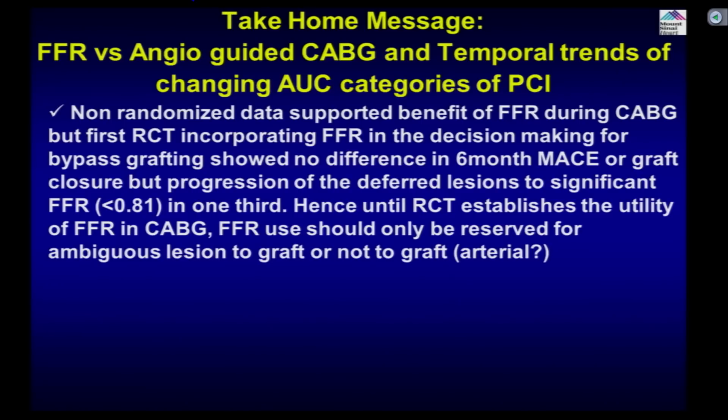Hence, until a randomized clinical trial establishes the utility of FFR in CABG, FFR use should only be reserved for ambiguous lesions, to graft or not to graft that vessel. If there is ambiguity, should you get an arterial bypass or a venous bypass? I think those cases should get the venous bypass, because we know arterial graft patency is very dependent on native blood flow, competitive flow.